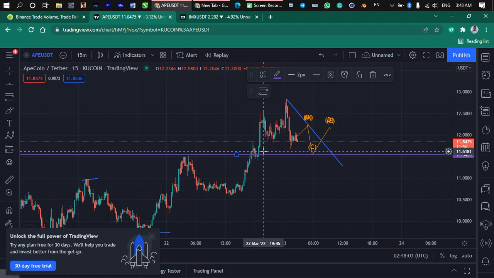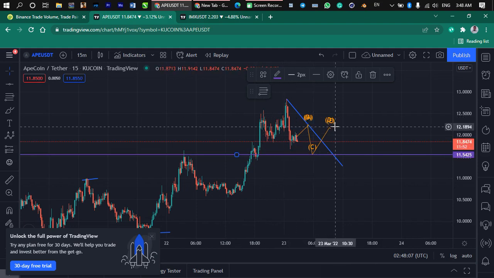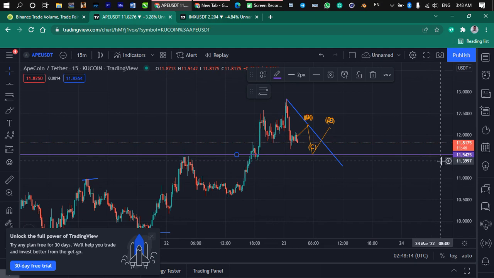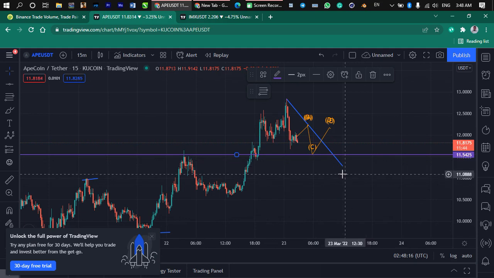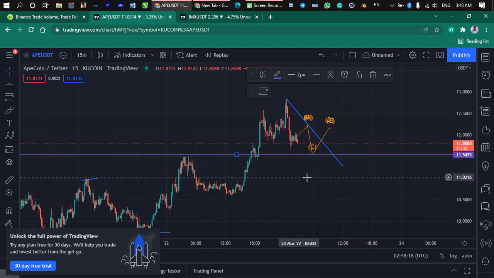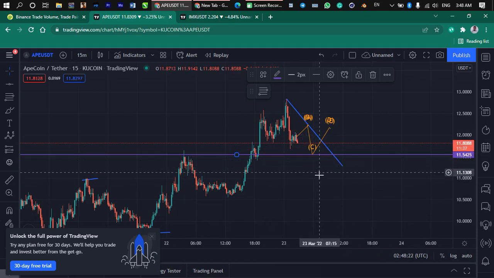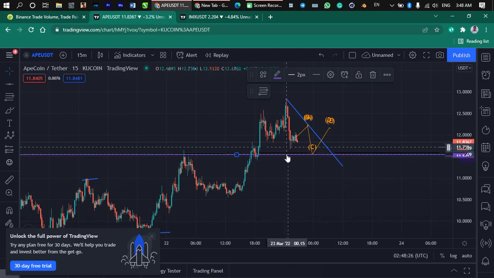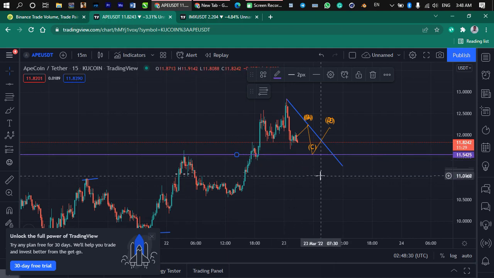You can see that it touched this place, then came back. I expect it to bounce back. Whatever will cause this coin to break below $11.5, we're back to a downtrend, and then this support line will end up becoming a resistance level.